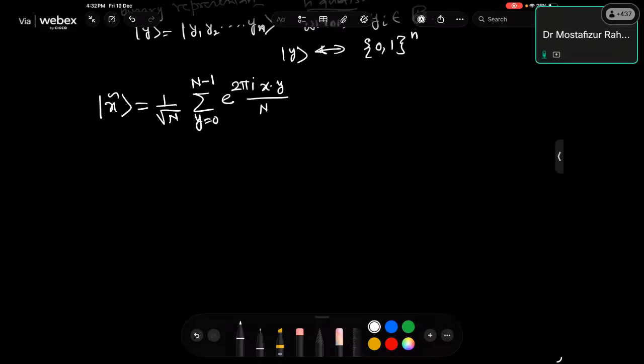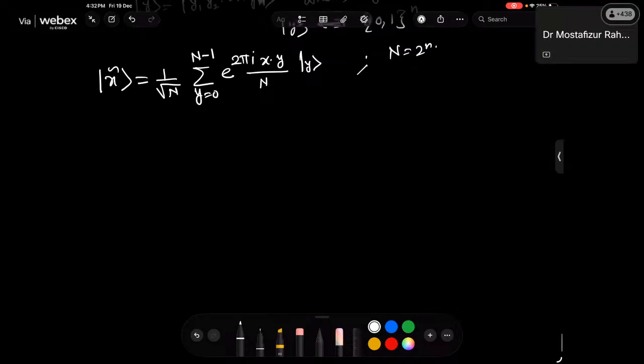I can write N equals 2 to the power n, right? I'm just writing the kernel part. Suppose this y is written as a binary string y1, y2 up to yn. This is the binary representation of this particular variable y, right?